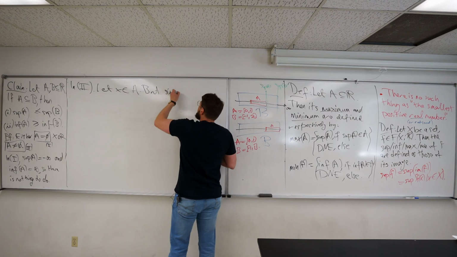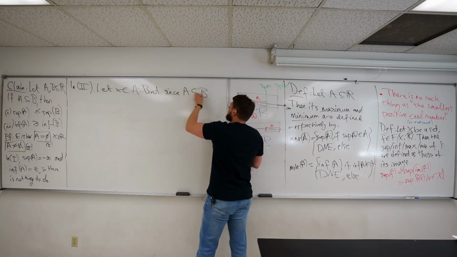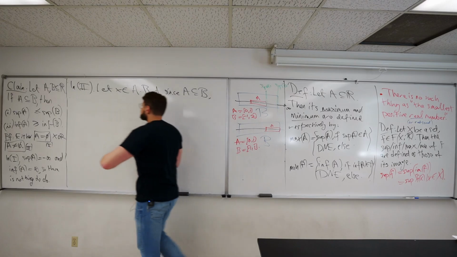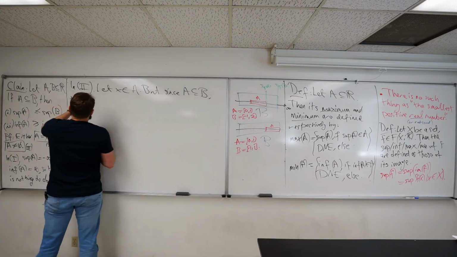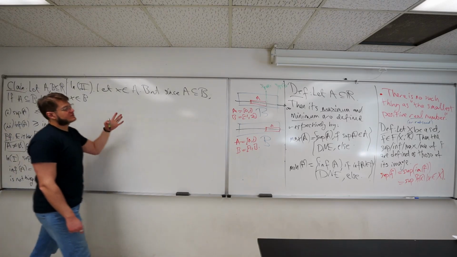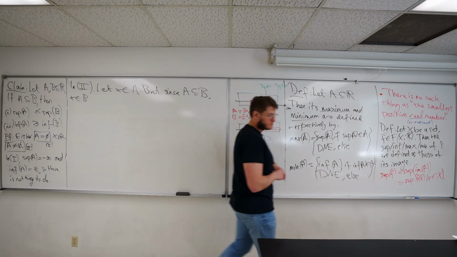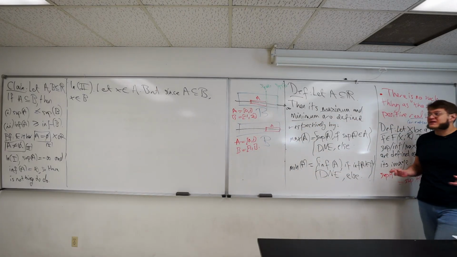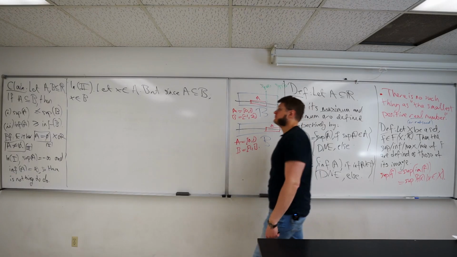But since A is a subset of B, X has to be in B also. Okay. Well, in particular, for instance, I know that B is not the empty set. Any set that contains a non-empty set has to be a non-empty set, for instance. So B is non-empty.